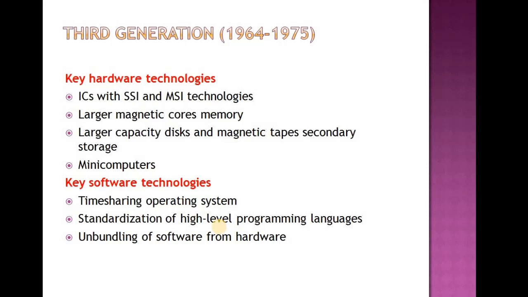What is the basic meaning of standardization? When we want to execute some program, in the earlier days it was not portable. That means if you wrote a particular program, it was meant for only one single machine. But when we get a standardized version of a programming language, once we write a program on one system, we can run the same thing on another system as well. You might know about machine dependent and machine independent.